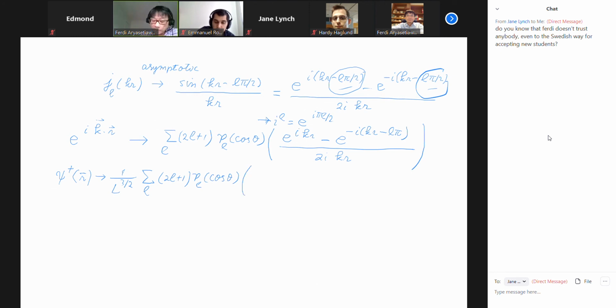So I'm using this expression that we just wrote down for the plane waves. So that's the plane wave part, this one here. That's the incoming plane wave plus the scattered wave.